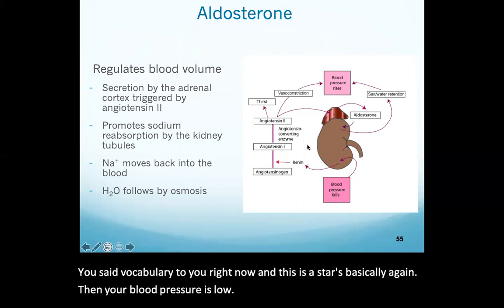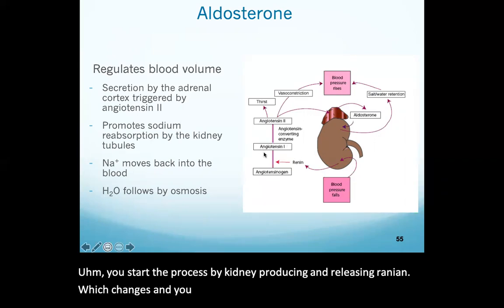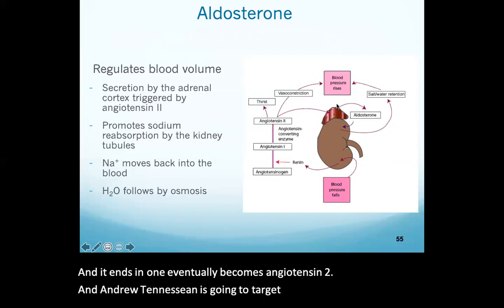You start the process by the kidney producing and releasing renin, which changes angiotensinogen to angiotensin 1. Angiotensin 1 eventually becomes angiotensin 2. And angiotensin 2 is going to target your adrenal gland to produce aldosterone.